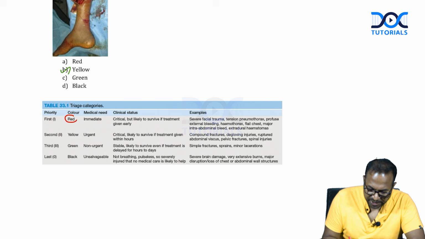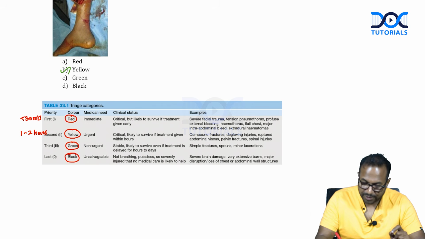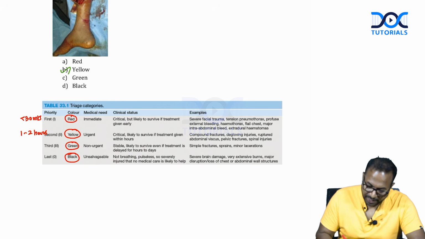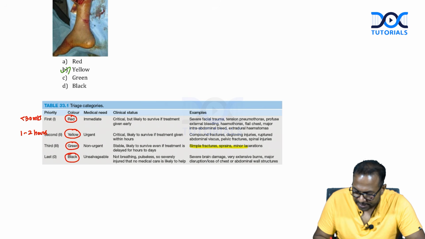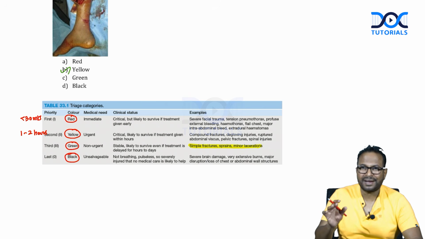Red is a patient who needs treatment within 30 minutes. Yellow is a patient who needs treatment within 1 to 2 hours maximum. Green is walking wounded. Black is moribund and you cannot save him. There have already been questions on green. Green is simple fractures and minor lacerations.